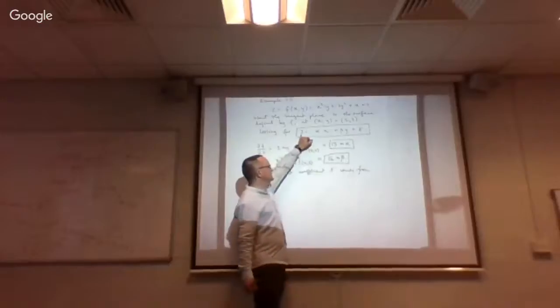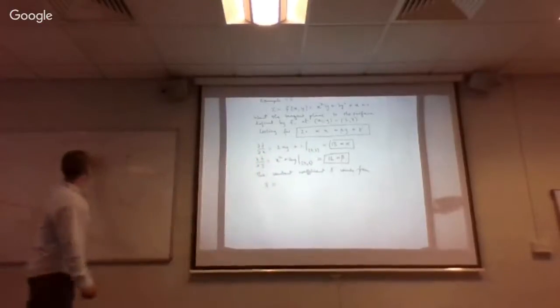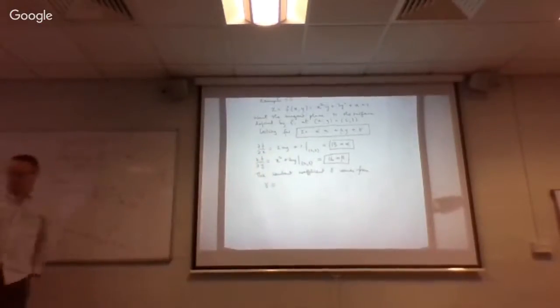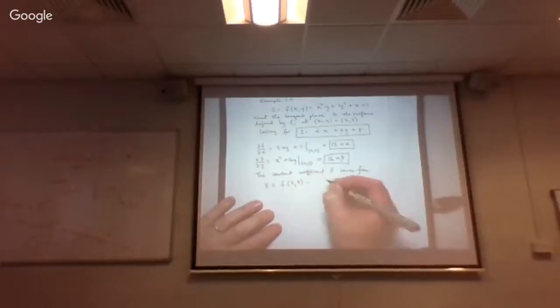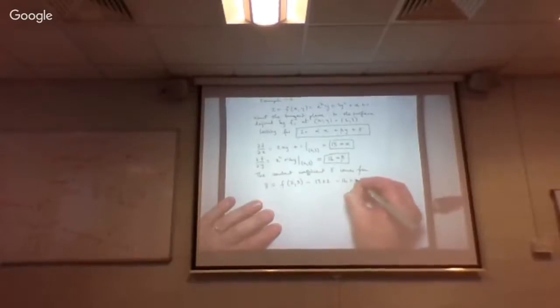And what do we know for z? Well, z comes from the value of the function at that base point. So this is going to be f(2, 3) minus alpha, which is 13 times 2, minus beta, which is 16 times 3.